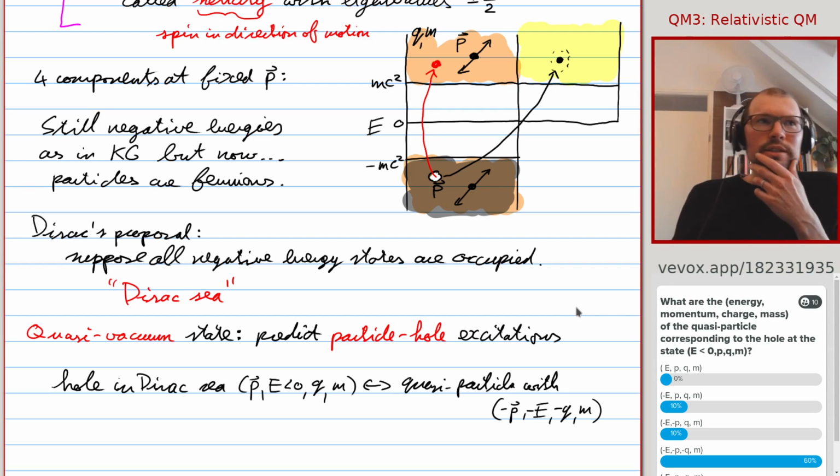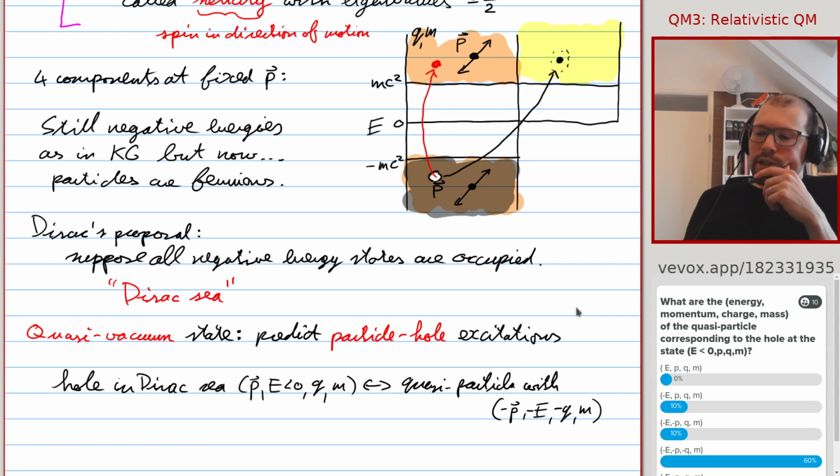Now, at the time that Dirac was looking at these electrons, he thought, do we know of any particles that have positive charge, because the electrons have negative charge? And at the time, they only knew one of them. That was the proton. So Dirac said, this must be the proton.